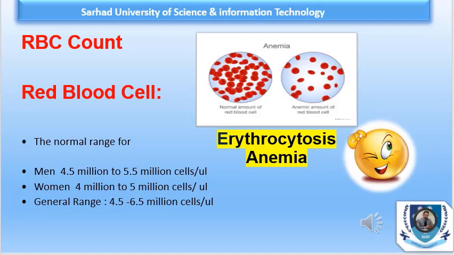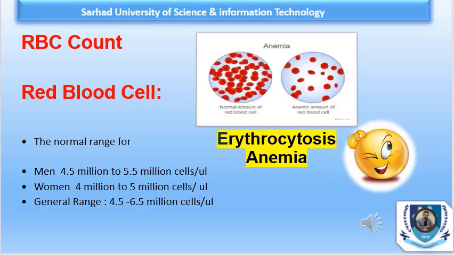Now, if the RBC count is lower, then we think about anemias, and how we can approach anemia we will discuss in the further slides. But if the RBC count is higher than normal, then we think about erythrocytosis.